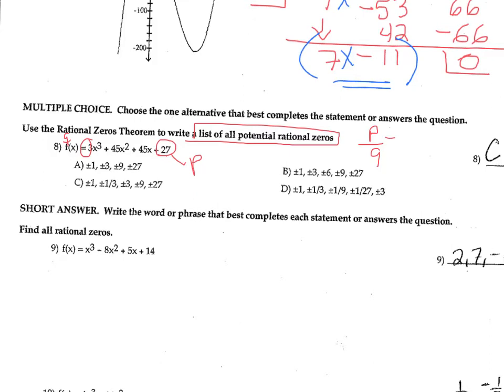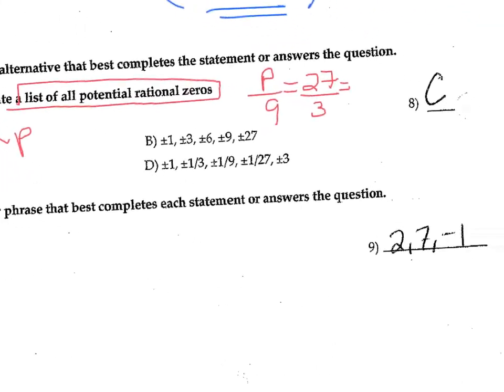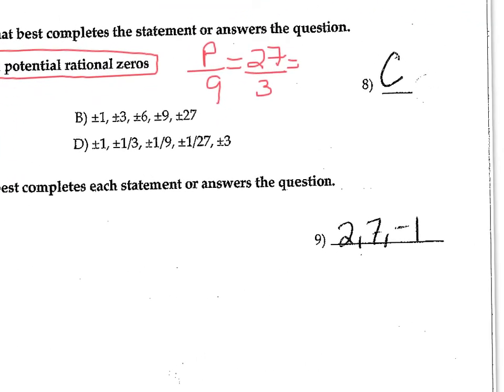So if P is 27, and Q is 3, then you have to get all the factors of 27. That's right, positive negative 1, positive negative 3, positive negative 9, and positive negative 27. Those are the factors of 27.